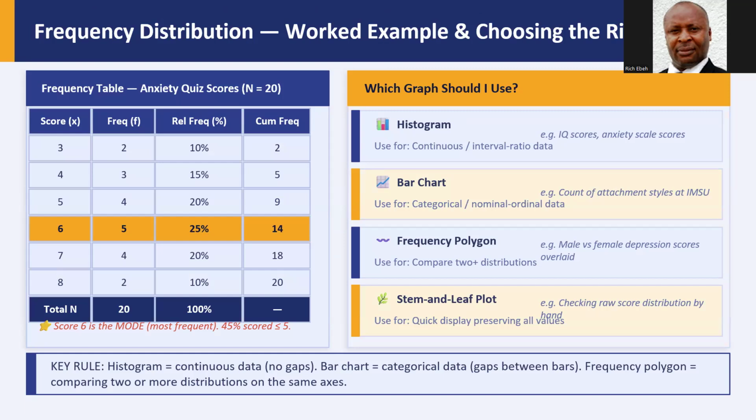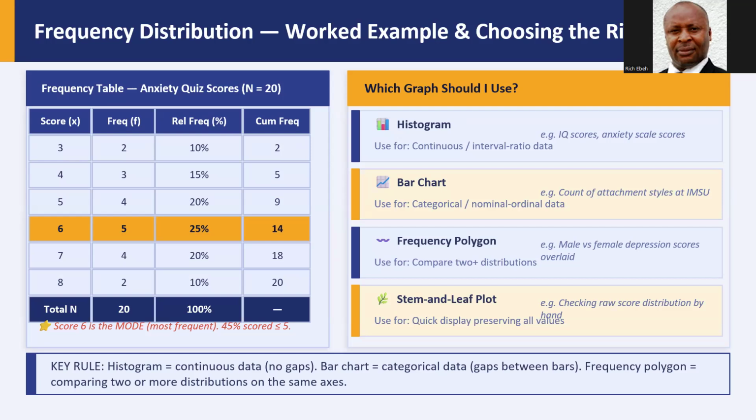You can see there that the students scored from 3 to 8. That's the score that was obtained. And then the frequency marked as F indicates the number of persons that had those scores. 3 was scored by 2.